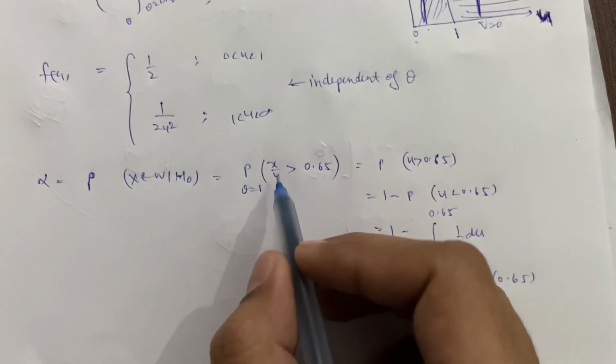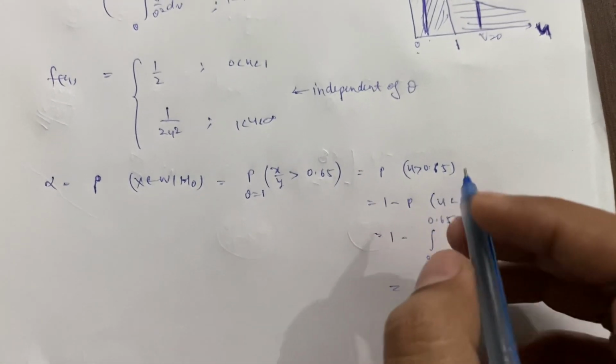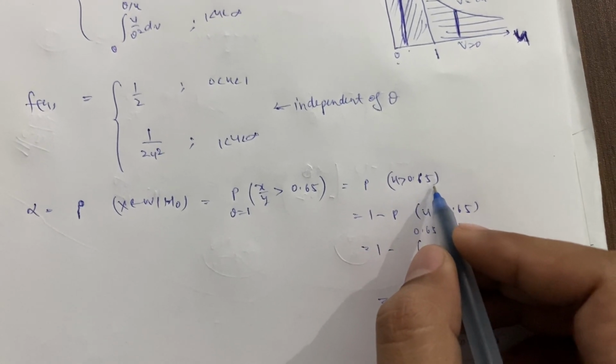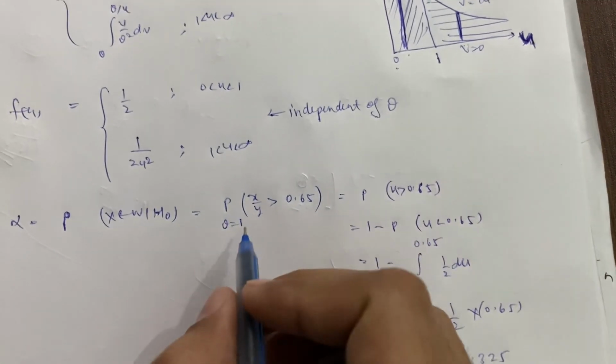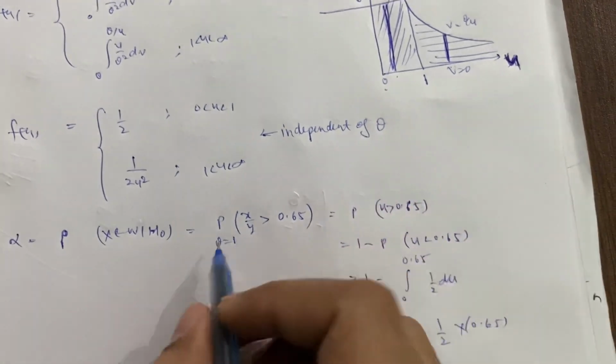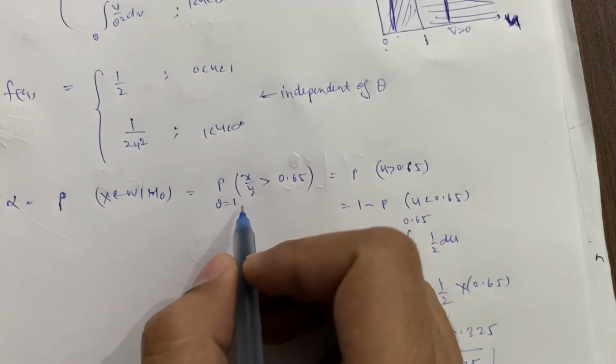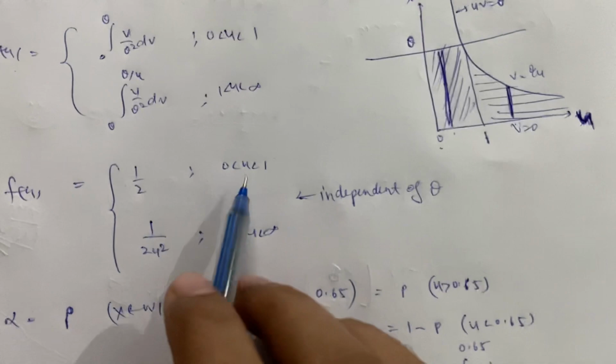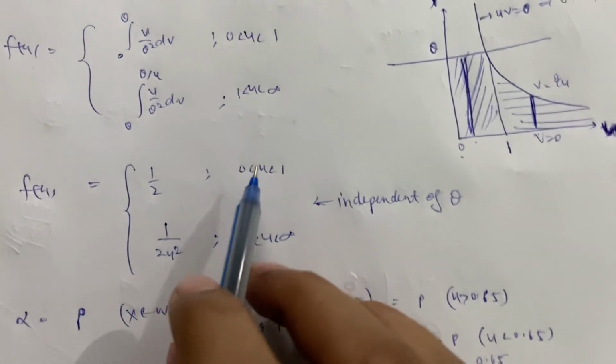Okay, so we have assumed this earlier u. So this will be plotted as u greater than 0.65, but the distribution of u is independent of theta, so we don't have to worry about this. Now you can see that 0.65 lies between 0 to 1.